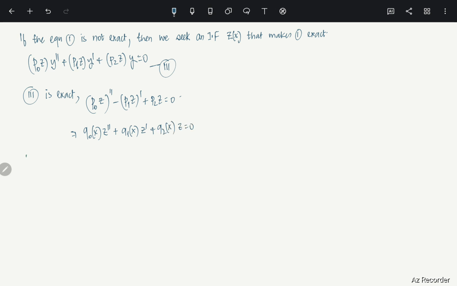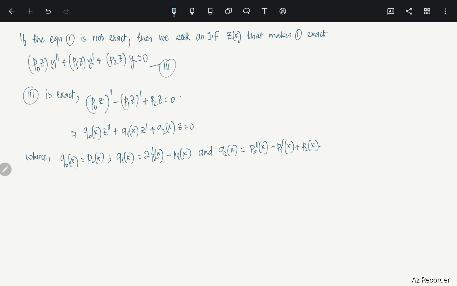Where q0 of x is nothing but p0 of x, q1 of x is nothing but 2 p0 prime of x minus p1 of x, and q2 of x is nothing but p0 double prime of x minus p1 prime of x plus p2 of x.